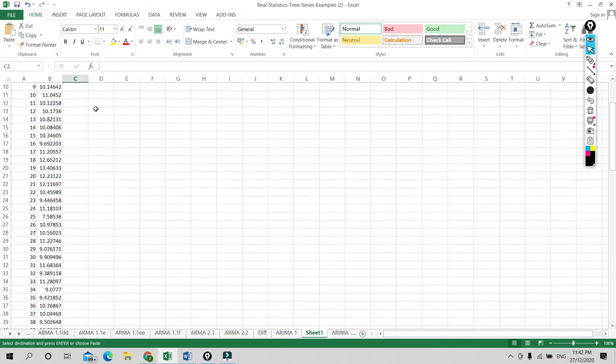Now you want to plot it and find what model to be used. Let's say in this case I do not know what the graph looks like. So I can draw a graph here. You can draw it using Excel, or using SPSS and so on.